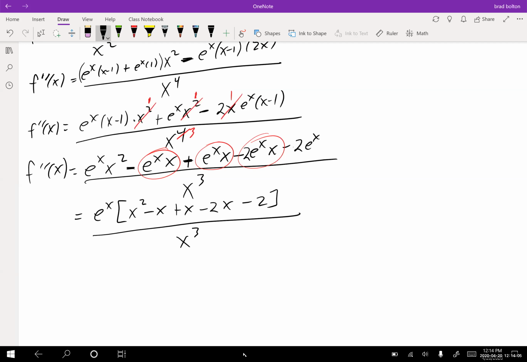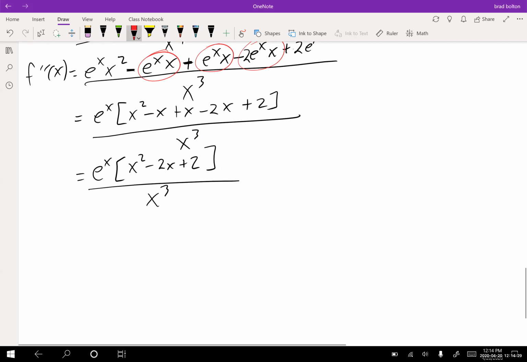And all I did, you guys, is I should have actually factored out e to the x from the very beginning. It could have made my life easier, but I didn't notice it. So this now will become e to the x times (x squared minus 2x minus 2. Oh no, this is a plus 2 right here, because when you distribute, that becomes a plus 2.) So this will be plus 2 all over x cubed.